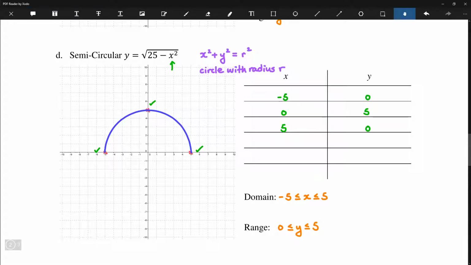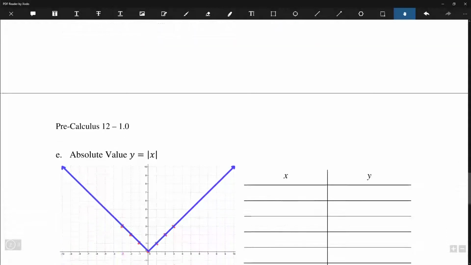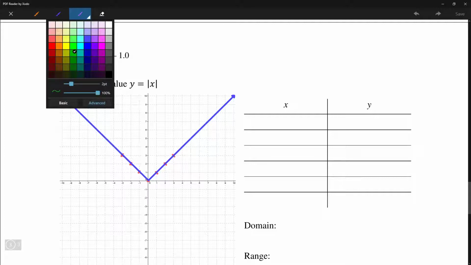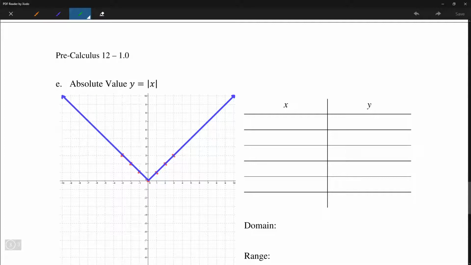Okay, so a couple more to look at. The next graph is the absolute value function, y equals the absolute value of x. Once again, we will set up some x values, -3, -2, -1, 0, 1, 2, and so forth.